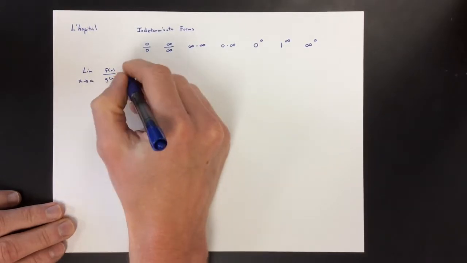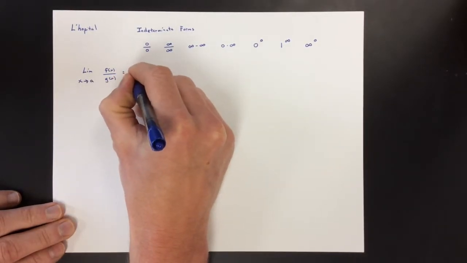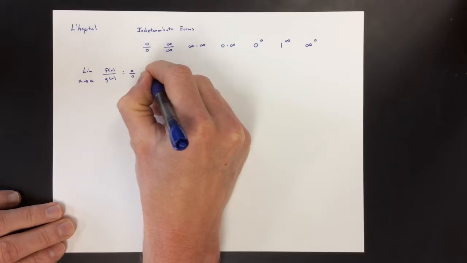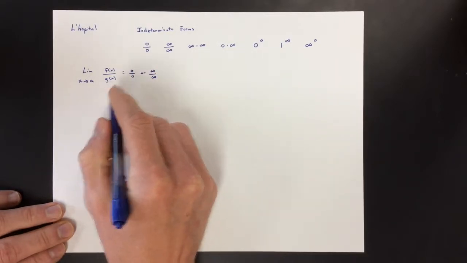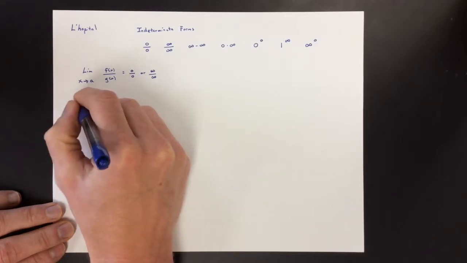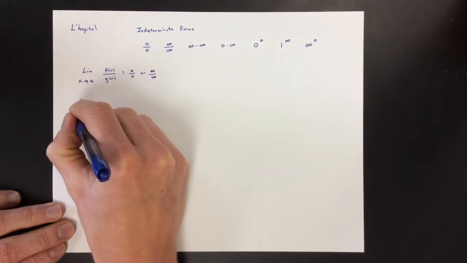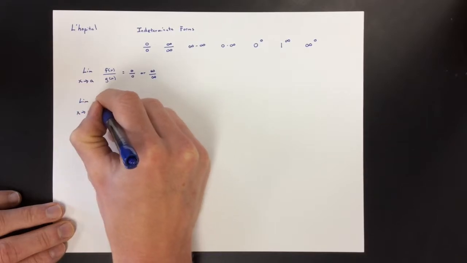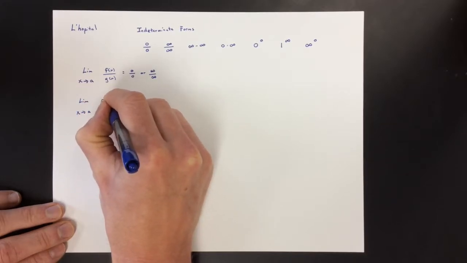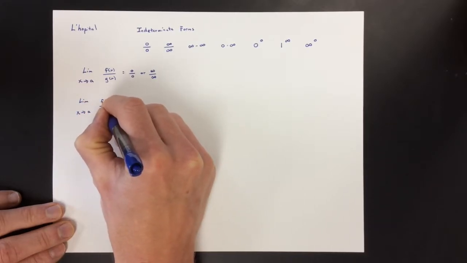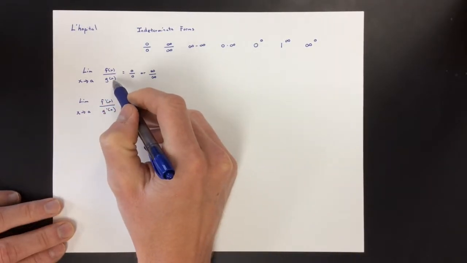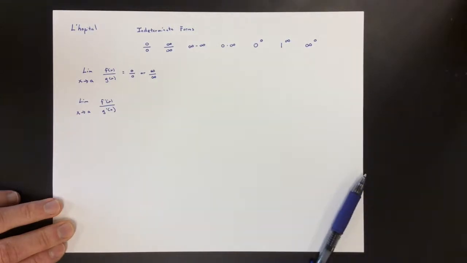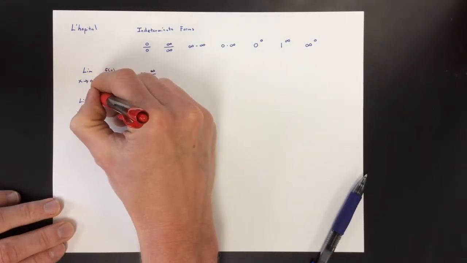But if we look at this and we get 0 over 0 or infinity over infinity, L'Hopital says that this limit is equal to the limit as x goes to a of f prime over g prime. Again, we're not doing quotient rule. We just have to take the derivative of the top and the derivative of the bottom and then reapply the limit. And it guarantees that these two limits are equal.